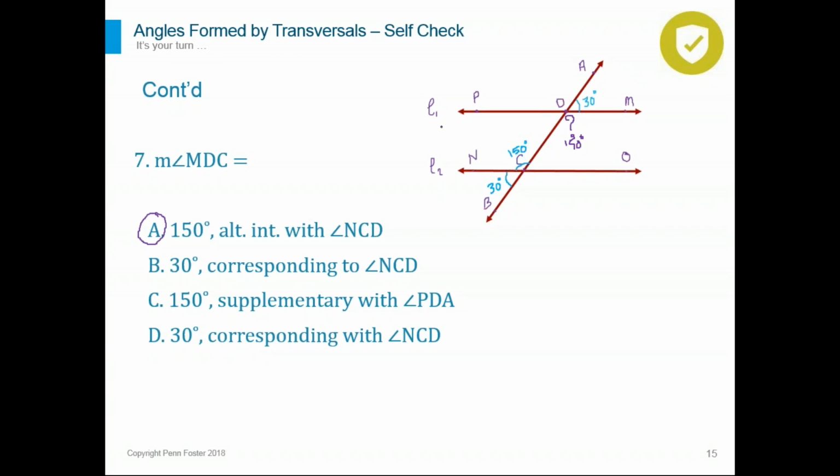You can say, well, ADM and MDC are supplementary, and that's why it is 150 degrees. So there can be multiple reasons for your right answer, but you need to choose the one right reason from the given answers.